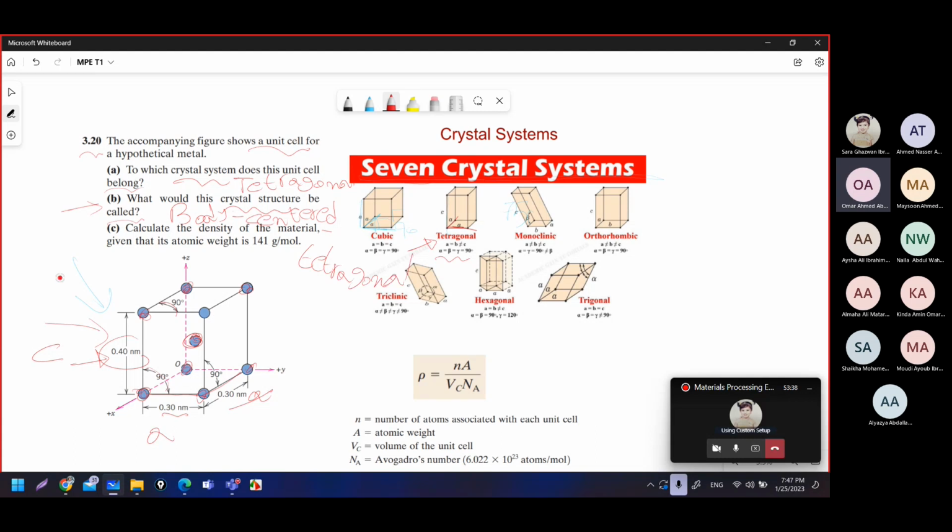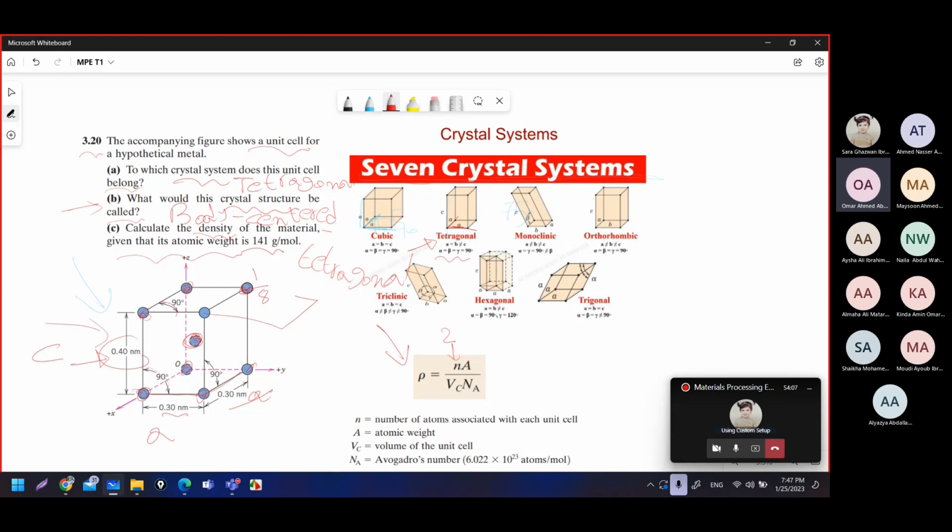For part C, calculate the density of the material given its atomic weight is 141 gram per mole. We know that this is the equation for the density. And we can say that n is equal to 2, because each corner contributes 1/8 of an atom.